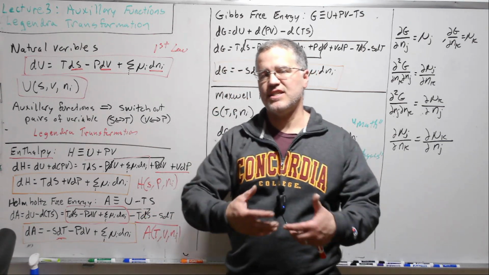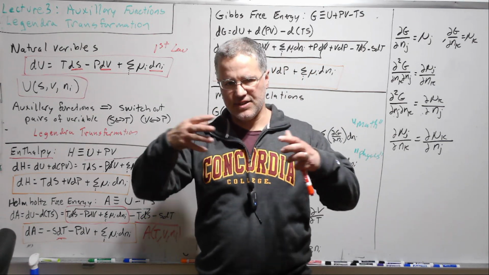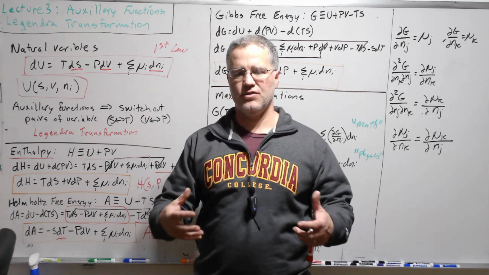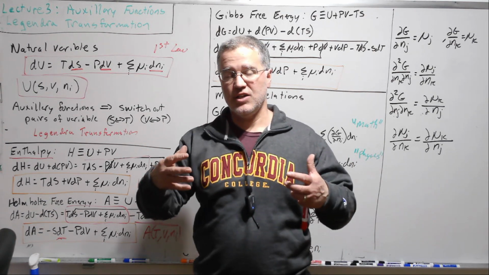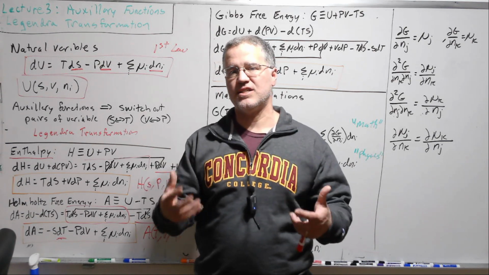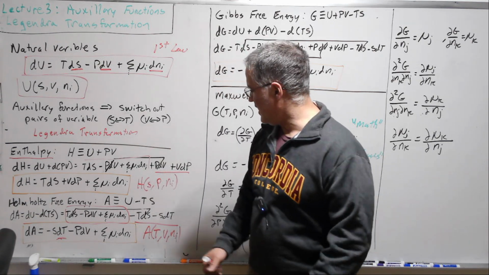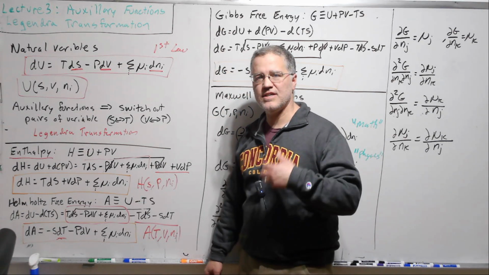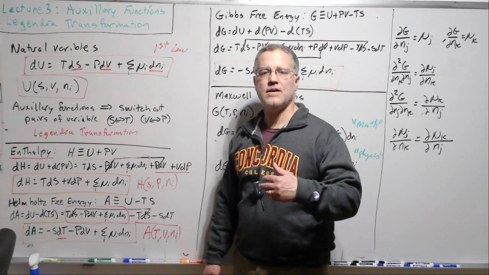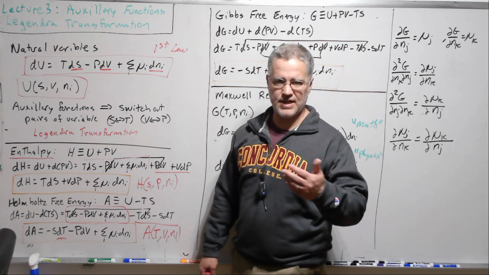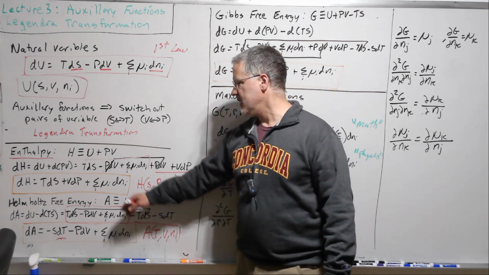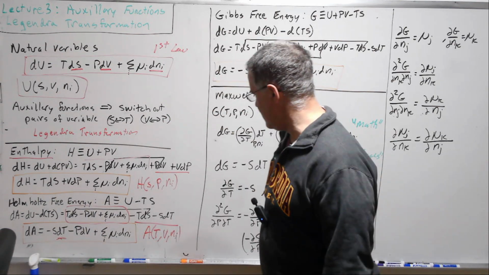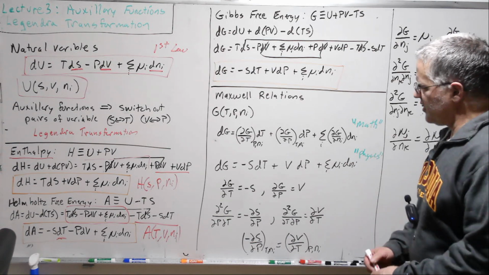Well, that's the energy that's tied up in making the system have entropy at a given temperature T. So the system has got to have some disorder. In order to have the disorder, there has to be some energy that's tied up in that, and that's called the entropic energy. So we're subtracting the entropic energy. That leaves anything left to be available to do work, might not do work, but available to do work. And so Helmholtz free energy is the energy available to do work. Okay. All right, let's look at Gibbs free energy.